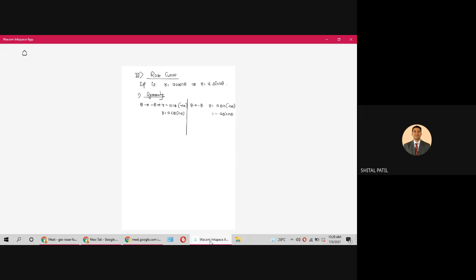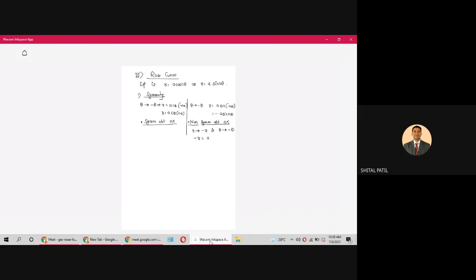So change is there. Okay, so the first is symmetric about the initial line, the second is not symmetric about the initial line. Okay, remember. Whereas in the second case, in case of sine, if R is replaced by minus R and theta by minus theta, see what happens.